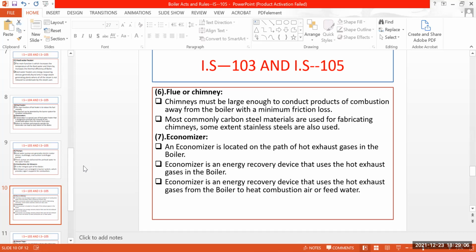In case of this one, to conduct products of combustion, whenever we give the input, some raw material, same like in production we give the raw material and we get the byproducts, same like this one. Boiler will also be functioning in that way only. We'll be giving the material in that one.